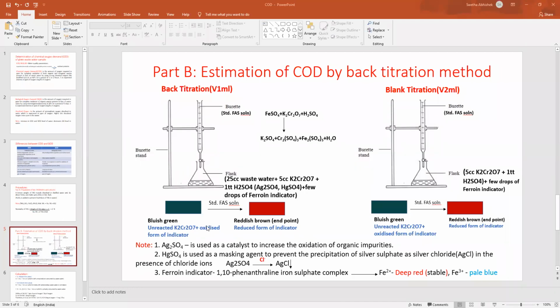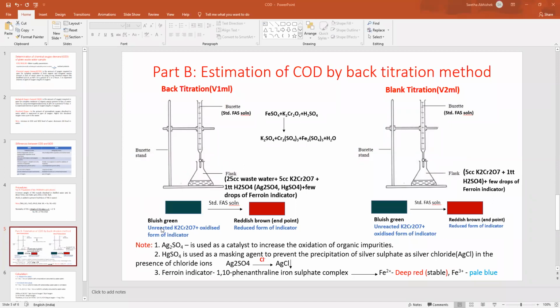That is because the reduced form of the indicator changes to the oxidized form of the indicator in the presence of K2Cr2O7, which is an oxidizing agent. Here, unreacted K2Cr2O7 means the K2Cr2O7 which is left unconsumed by the wastewater.